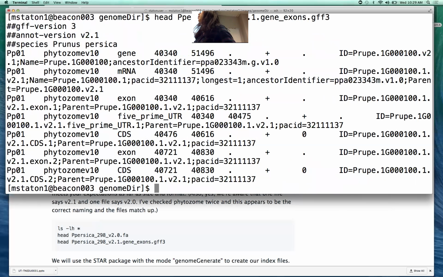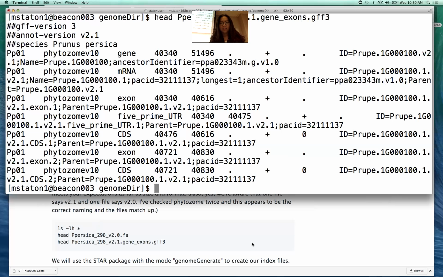We're going to use it later, but we're going to master the whole genome. In our GFF file, it has the chromosome name and its feature. So the first one is a gene, and its location is from 40,340 to 51,000, and its ID, the whole name of this gene. So this is what GFF looks like.